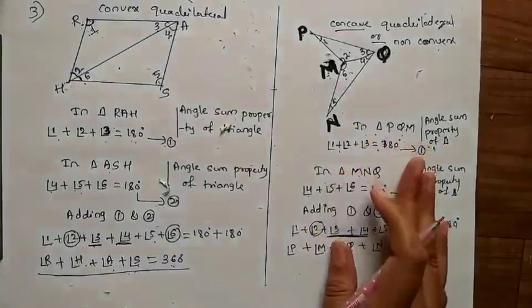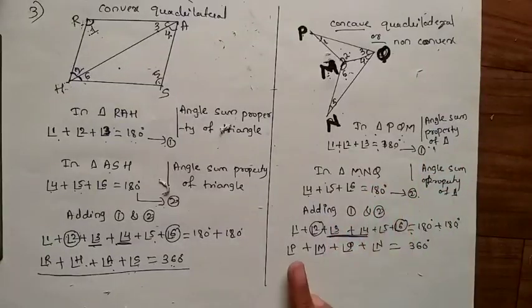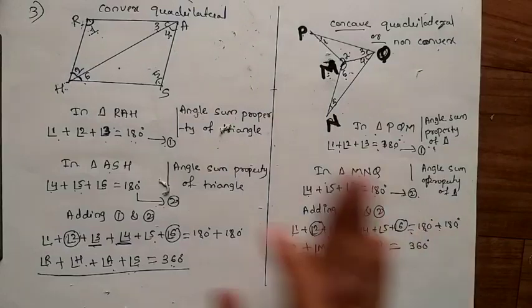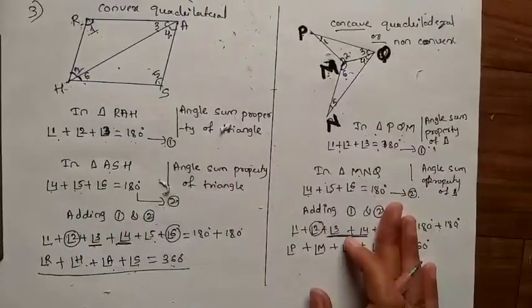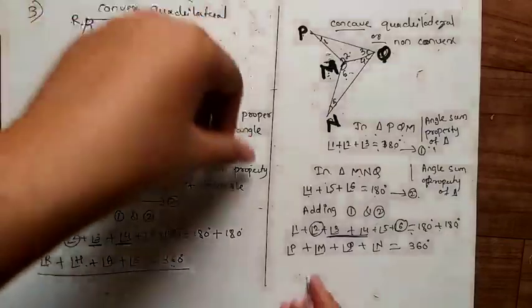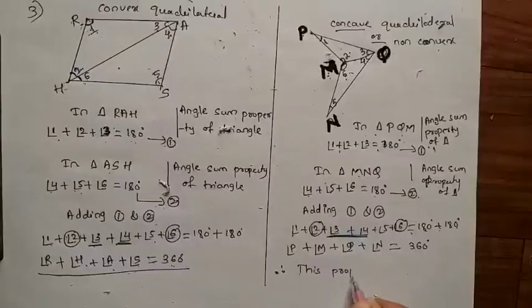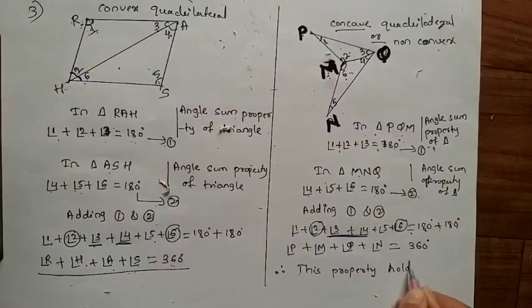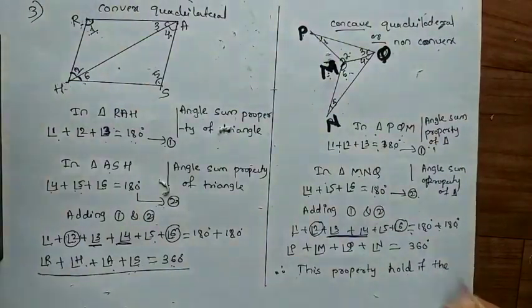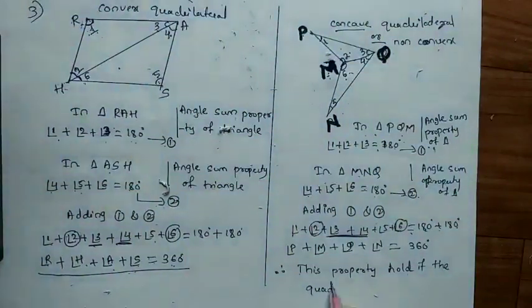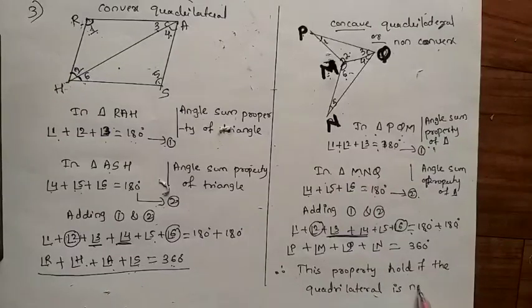For a non-convex quadrilateral, the property holds, because the sum of the four angles is always equal to 360 degrees. This means this property holds for both convex quadrilaterals as well as non-convex quadrilaterals. Therefore, this property holds even if the quadrilateral is not convex.